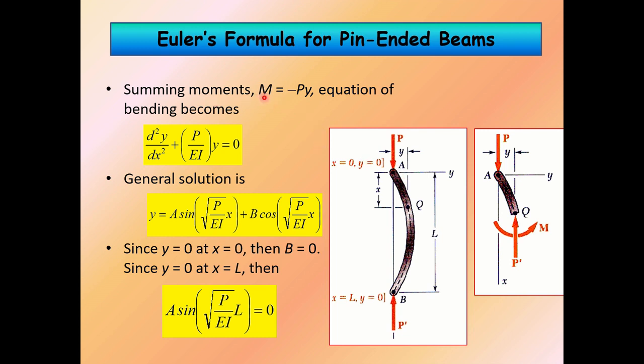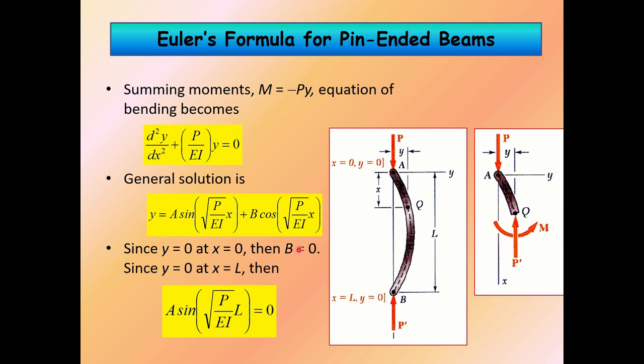The moment equals minus P times Y. This is P, this is Y. The bending equation becomes d2y over dx2 plus P divided by EI times Y equals 0. This is the general solution.